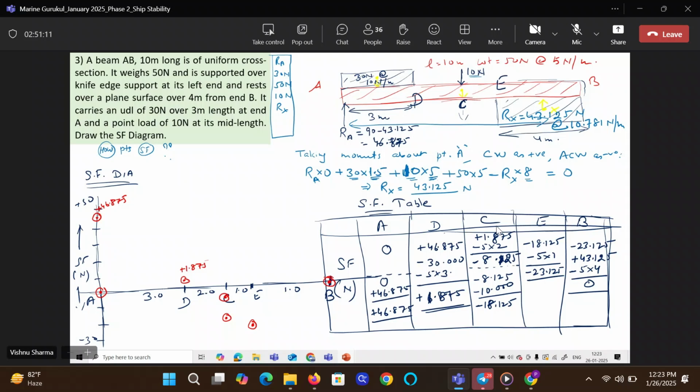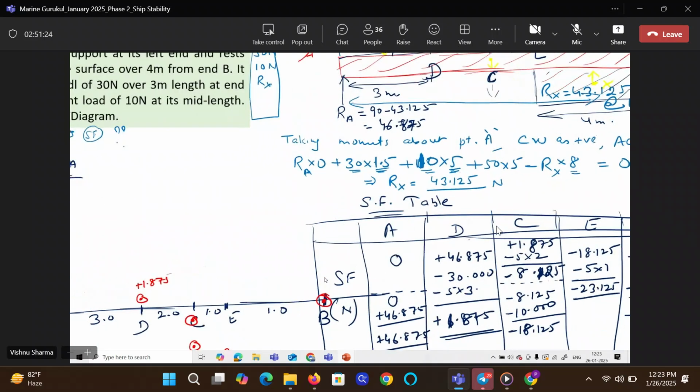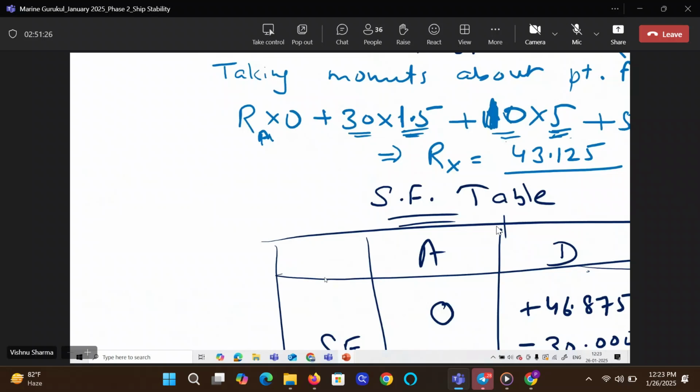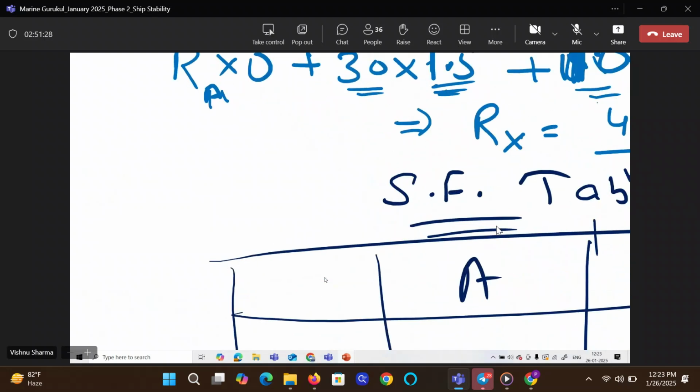Now, guys, your attention will be going between the beam diagram and the SF diagram.